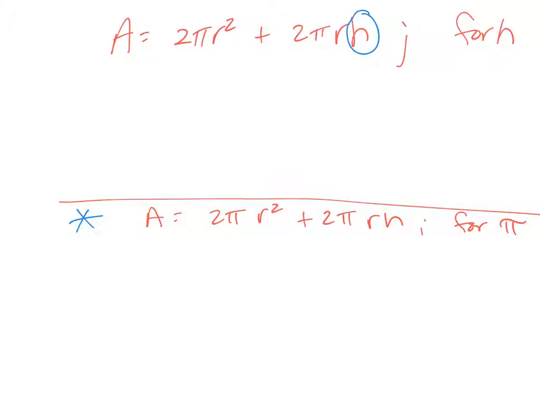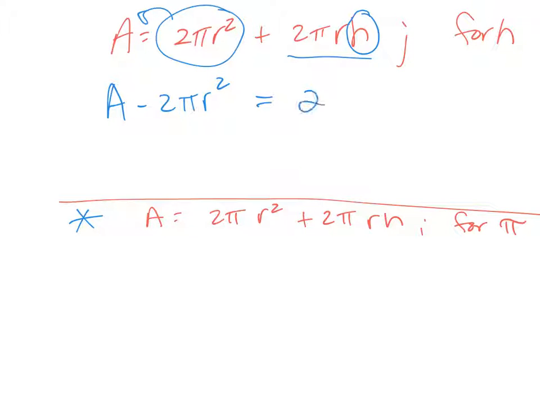So the H is only in this guy, so I'm going to move him. He's clean. He doesn't have any H's. I'm going to move him over here. And since he's adding to that term, we're going to just subtract him on the other side. So we have A minus 2 pi r squared equals 2 pi r h, right? Now is the h more alone on the right?